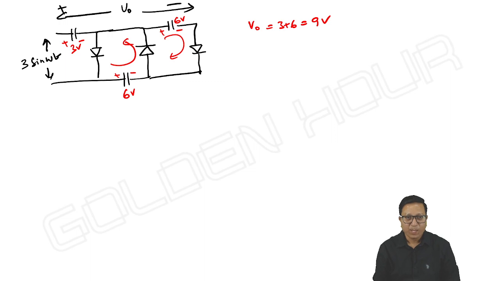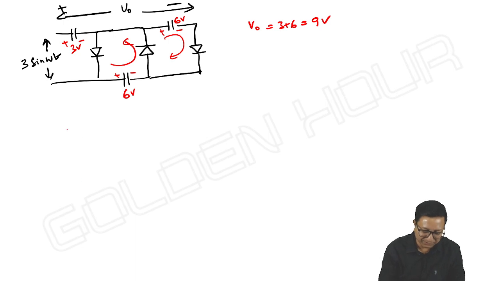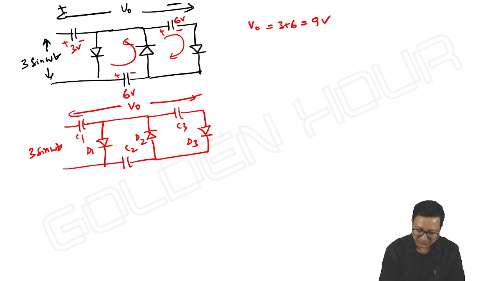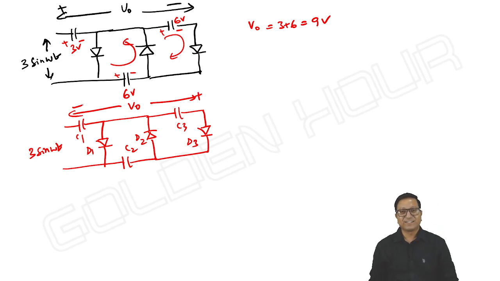We can write it. Suppose in the same problem, if they mention the output polarities are, to confuse us, they may give so. Same circuit only, 3 sin omega t only, and it is C1, D1, C2, D2, C3, D3. If they mention the output polarities are given this way, then what should be your answer?